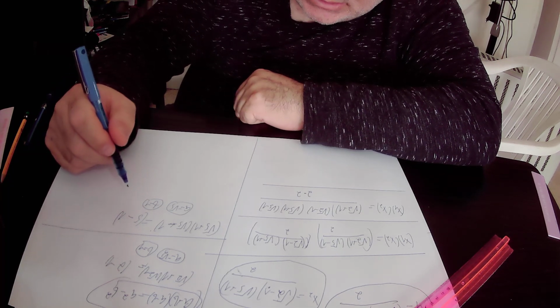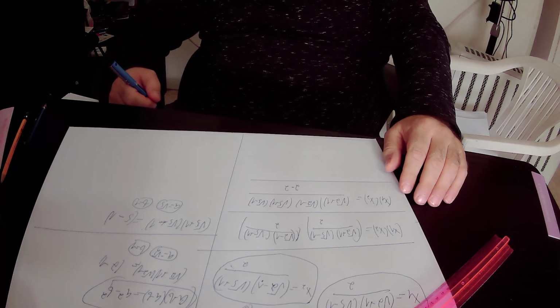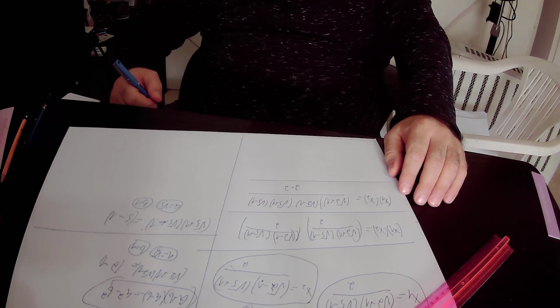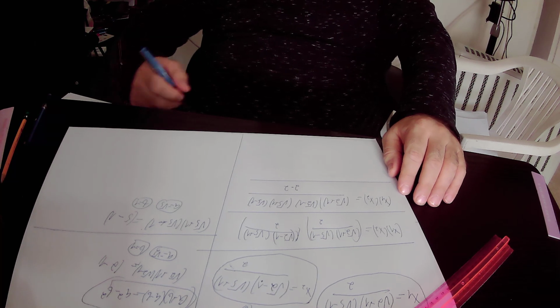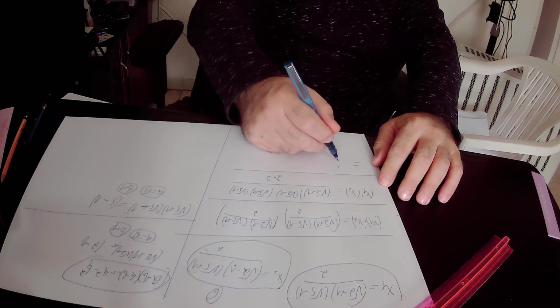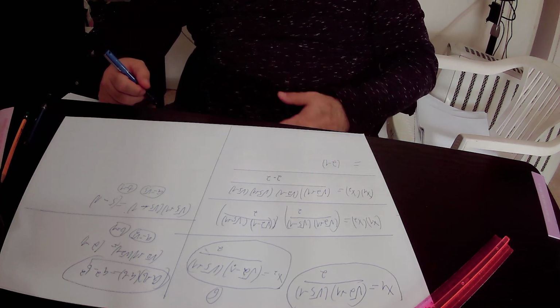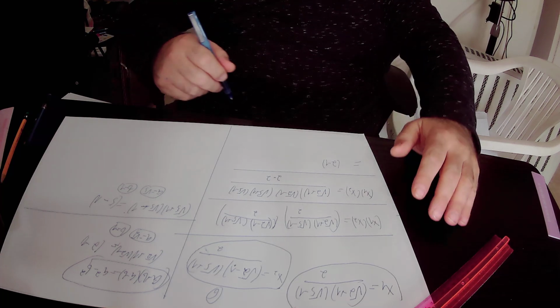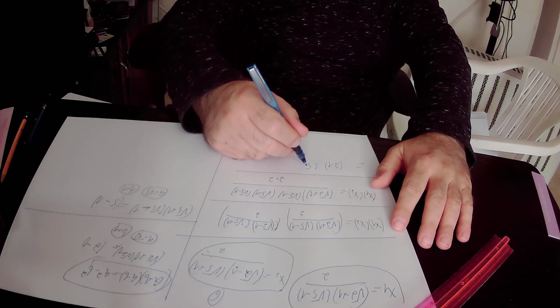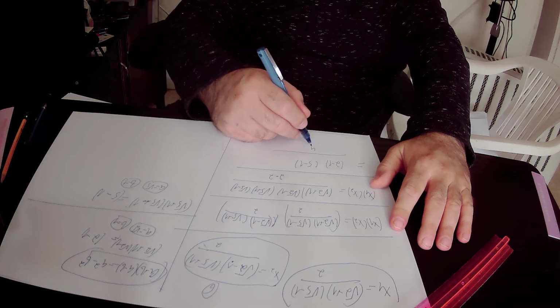So in conclusion, we found out that square root of 2 plus 1 times square root of 2 minus 1 equals 2 minus 1, and square root of 5 plus 1 times square root of 5 minus 1 equals 5 minus 1, all divided by 2 times 2, that is 4.